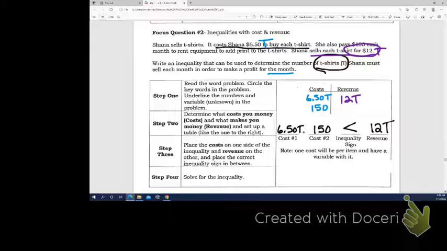Now, we usually like to see our variable on the left, but there is no constant on the right. So if I'm solving this, I am instead going to subtract my 6.50t here.